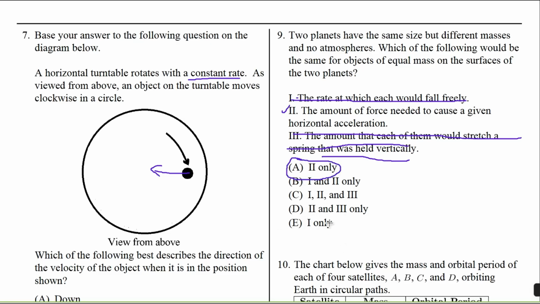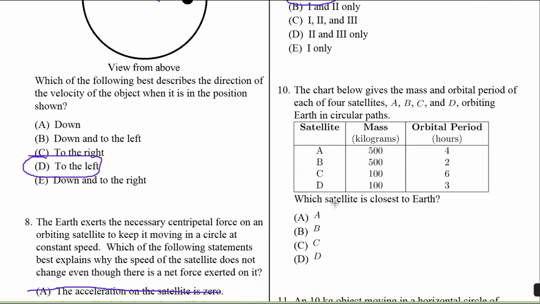A. All right. Number 10, they give us 4 satellites and they want to know which one's closest to the Earth. This one you're kind of using part of Kepler's laws, which is essentially that the period is related to the distance. You don't need to know it specifically. I don't remember it off the top of my head. I always forget it.